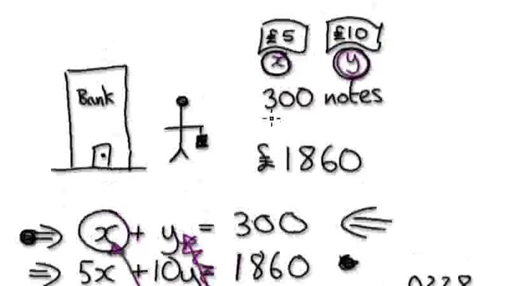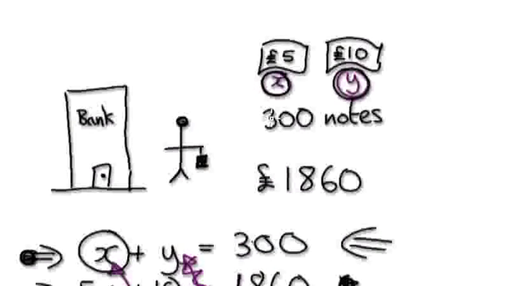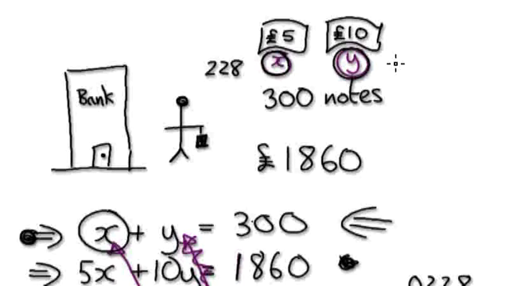So now we've worked out y equals 72, x equals 228. What that means is x here equals 228 and y equals 72. So here this represents the number of £5 notes, and here this represents the number of £10 notes.